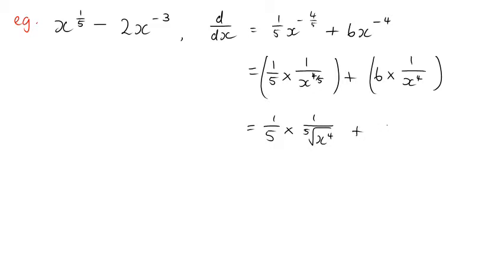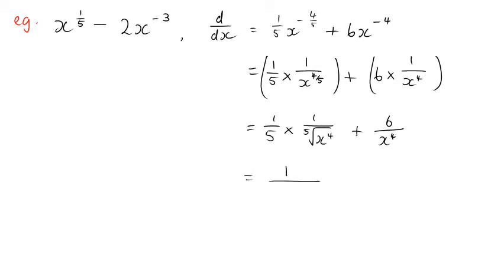Plus 6, or we can multiply that one straight over. So 6 on top, x to the 4 on bottom. Okay, so then we just got to multiply that first fraction out.